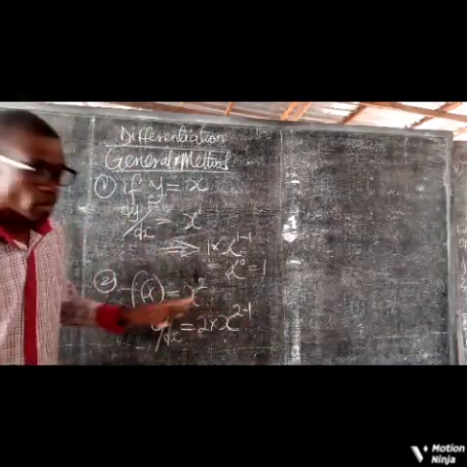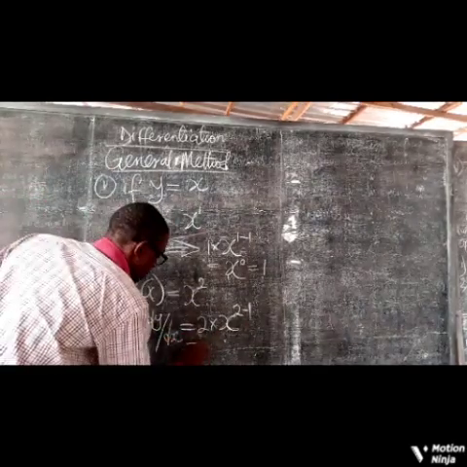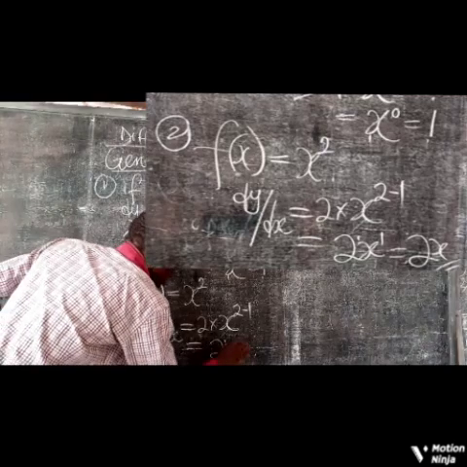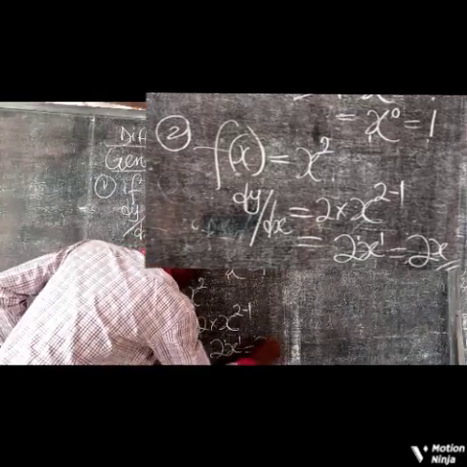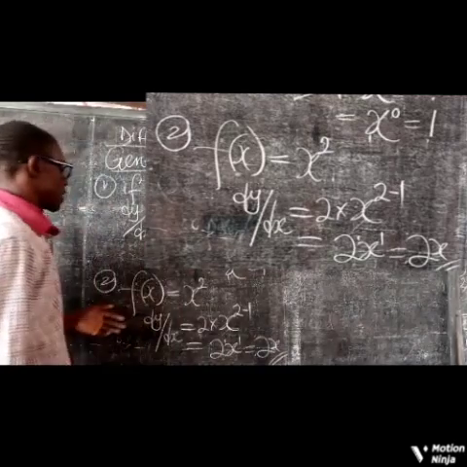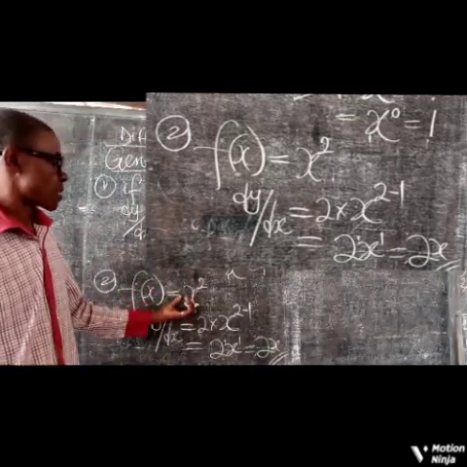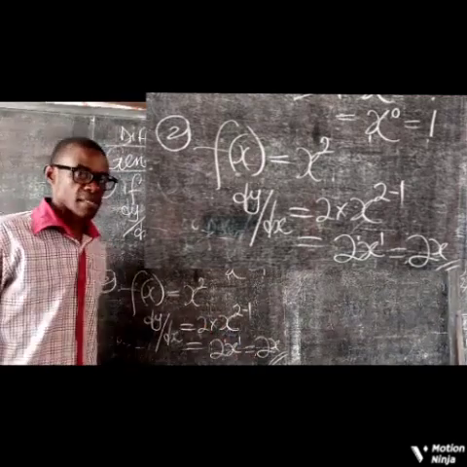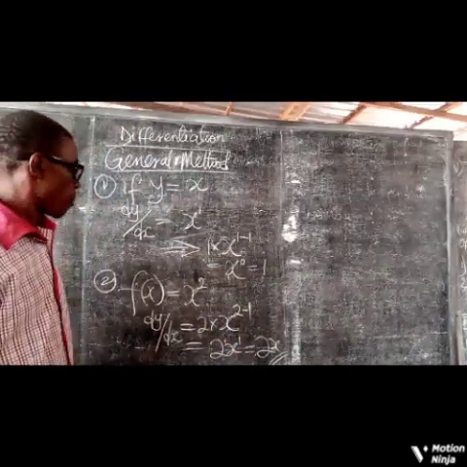That's the law that guides this. So this will give us 2x to the power of 1, which is equal to what? 2x. So differentiating y in terms of x squared, you'll be having 2x as your answer.